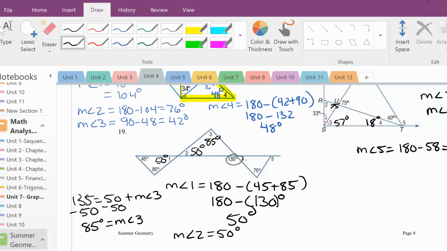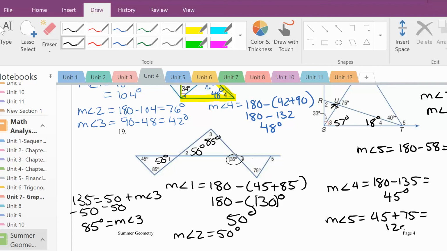And since 135 is supplementary to angle 4, 180 minus 135 is 45 degrees. And then the measure of angle 5 is equal to 45 plus 75, which is 120 degrees.